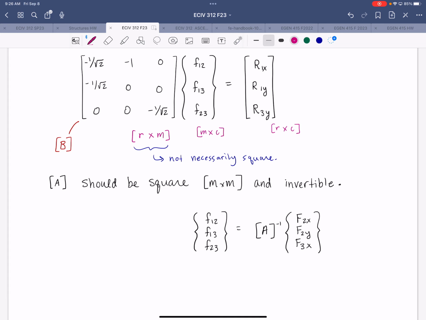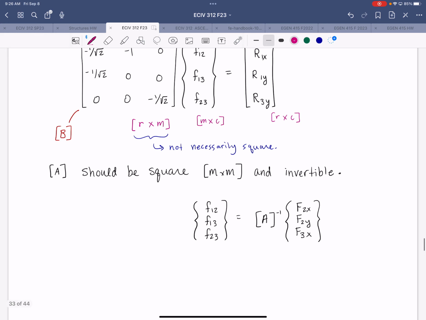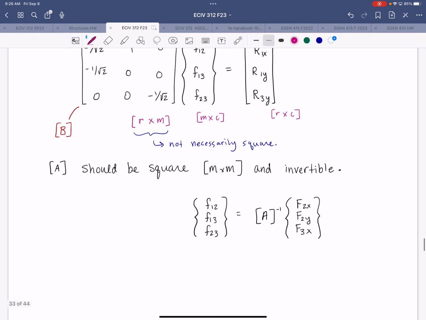All right, so I already talked about how that first partition should be square. It also should be invertible in order for us to solve. You have a question? Oh, okay. So what it means if it's square, right, as we talked about, is that it's determinate.